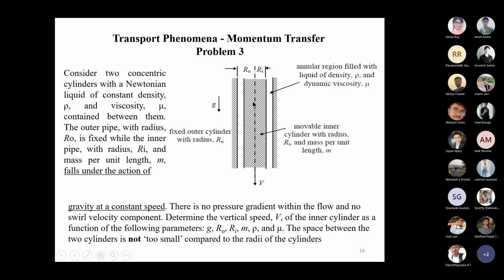So with increasing velocity, the opposing force will also increase, ultimately leading to a condition of zero net force acting on this cylinder. So it is that speed, the so-called terminal speed, which we are trying to figure out.